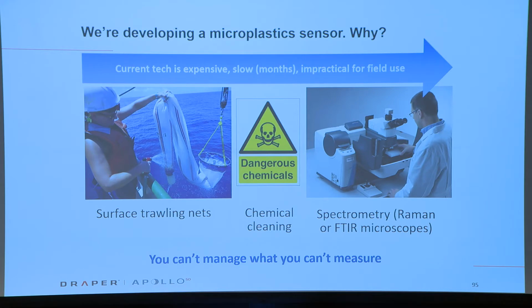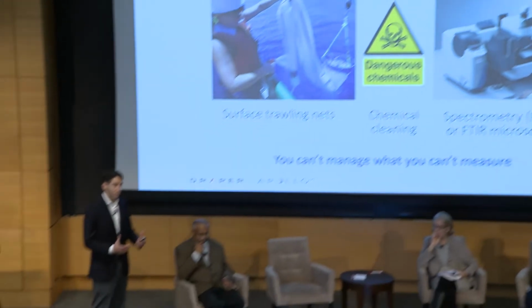In order to really understand how microplastic pollution is evolving over time in aquatic environments, we need methods that can give us results not in the order of months and not requiring hundreds of thousands of dollars and dedicated laboratories, but something that can be portable and be taken out to where and when it's needed. And we can talk a little bit more probably during the talk about the processes as they exist now.